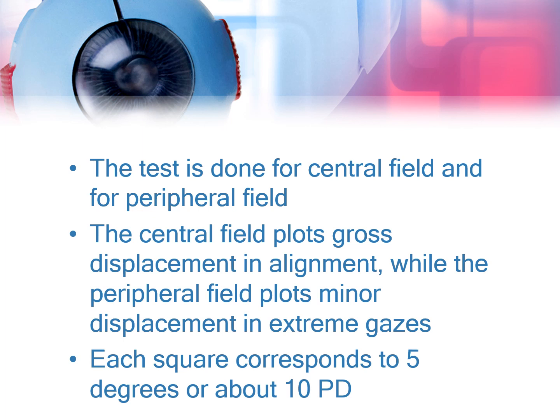At 0.5 meter test distance, each small square represents 5 degrees or 10 prism diopters displacement. This means that the inner square plots the central 15 degrees. This is about the range an individual will normally move his eyes to view a target away from the primary gaze without moving his head.